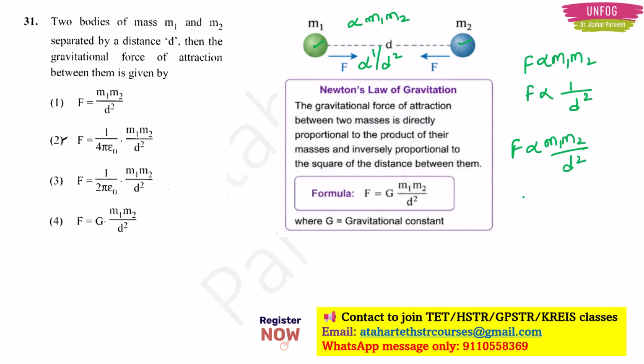And if you remove the proportional symbol, you can introduce a proportionality constant here, which we call capital G. It is known as the gravitational constant. So this formula is F is equal to G into m1 m2 upon d square. So option 4 will be the correct answer here.